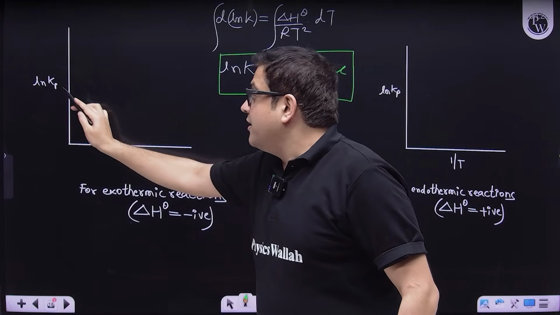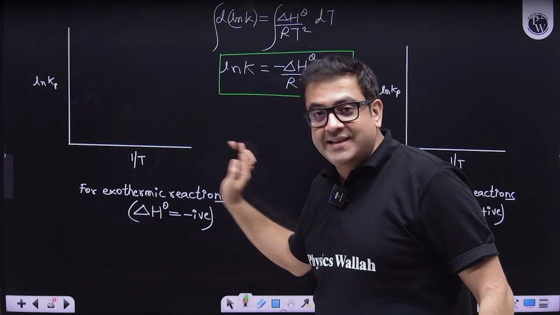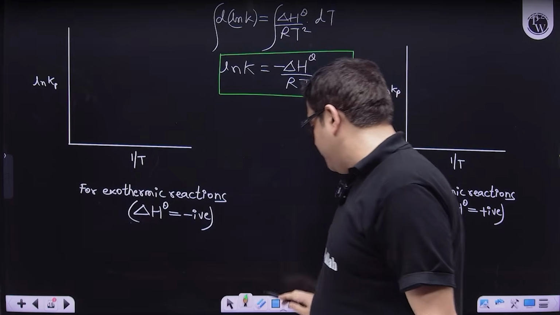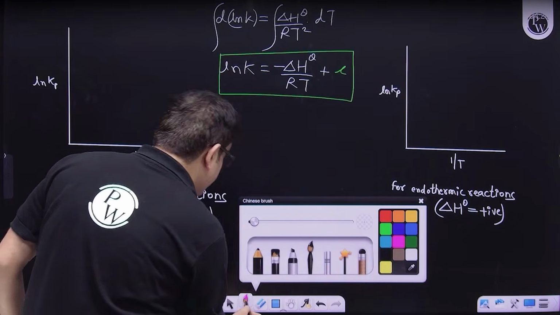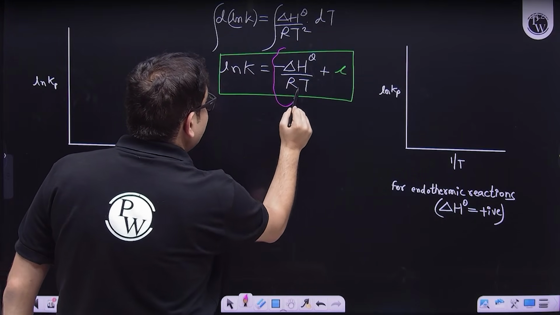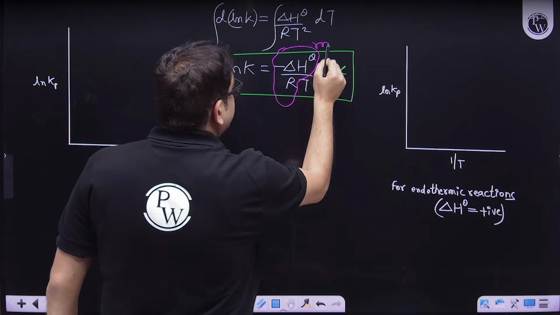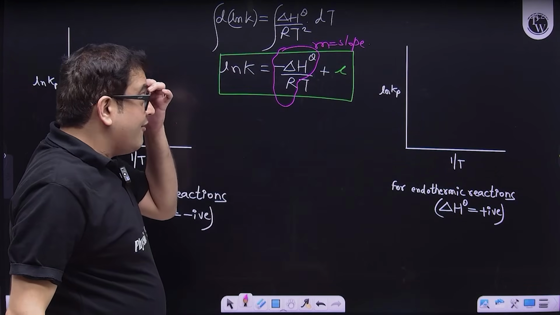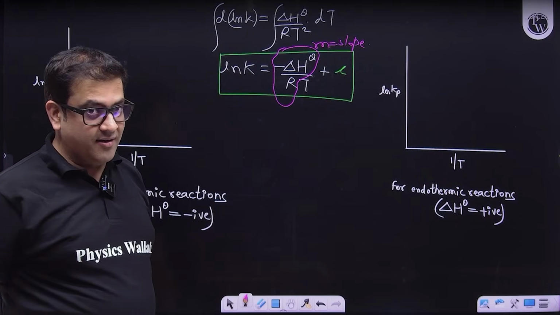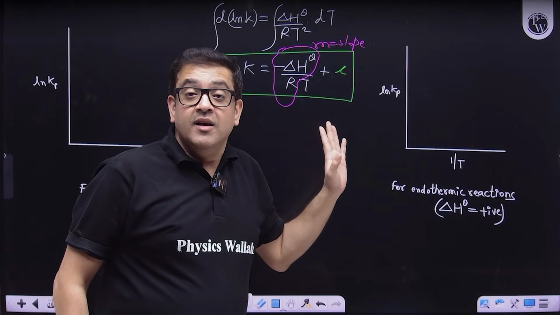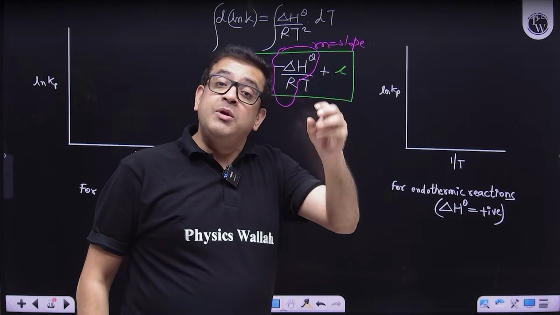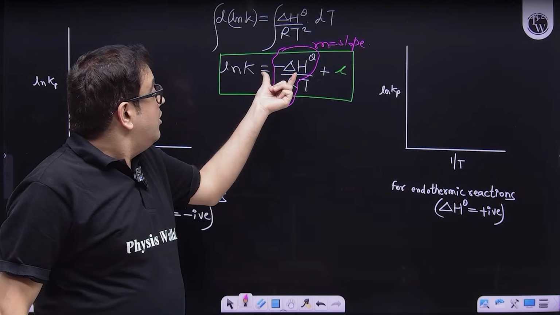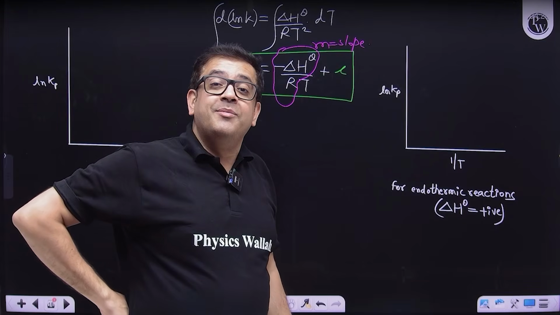You can see y is equal to mx plus c, and in place of m, the slope, you have the value minus delta H naught upon R. Now, if the reaction is exothermic, you know from class 10th, although we have not done thermodynamics, that will be the next chapter, what is delta H for exothermic reactions? Negative.